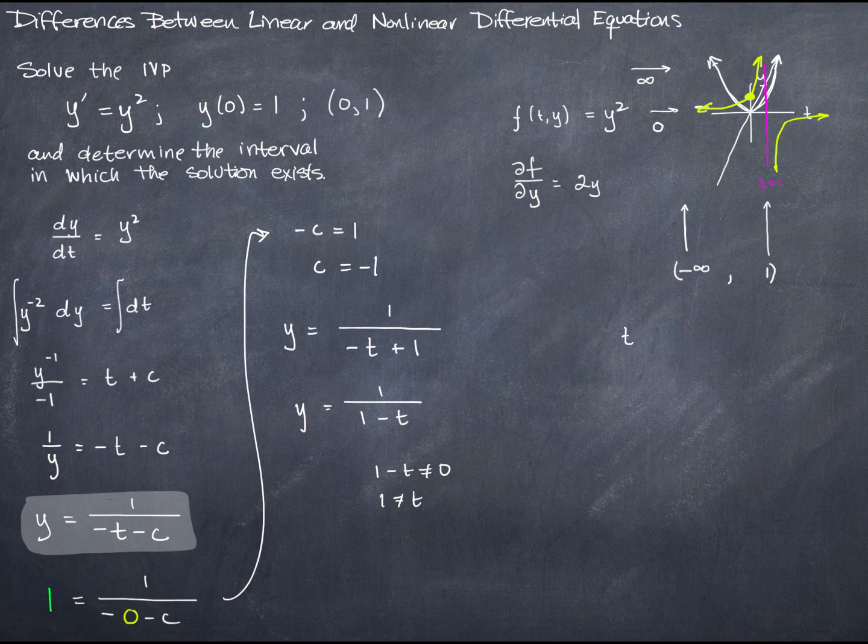So our rectangle goes from negative infinity to 1 for t, and for y, we go from 0 to positive infinity. This is my alpha, this is my beta, this is my gamma, and this is my delta.